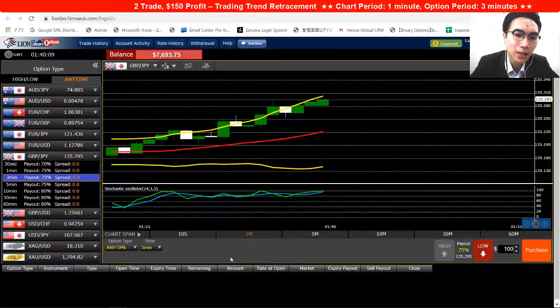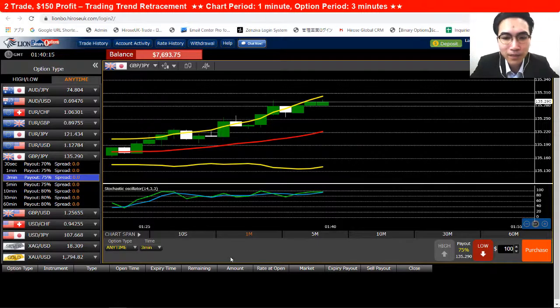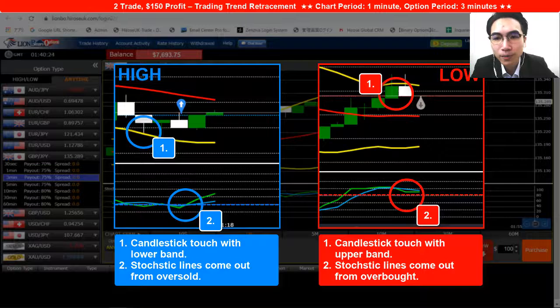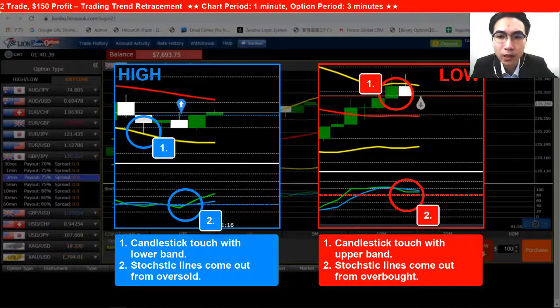So last, I will do a summary on the purchase timing for using the combination of Bollinger Bands and Stochastic, just like usual. The timing for you to open a high position is when the candlestick touches the lower band.